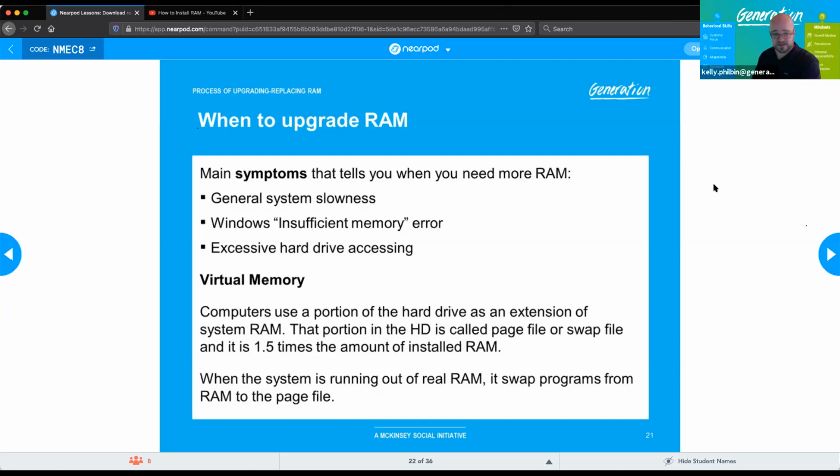But the problem is, remember we were talking about the North Bridge and the South Bridge? Your RAM modules are connected to the North Bridge, so they have that real short connection right to the CPU. So it's a real fast access. Hard drives tend to be operated off of the South Bridge. They move in a little bit slower. So not only have you used it up and you're using a drive for something it wasn't necessarily intended for, you're now having to use a much slower connection to that actual memory source.